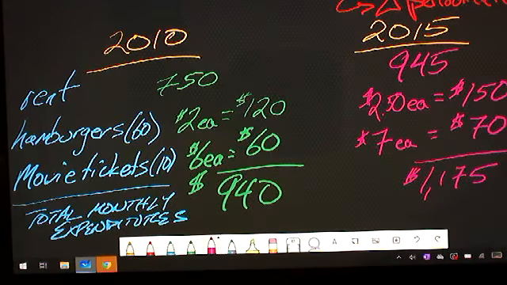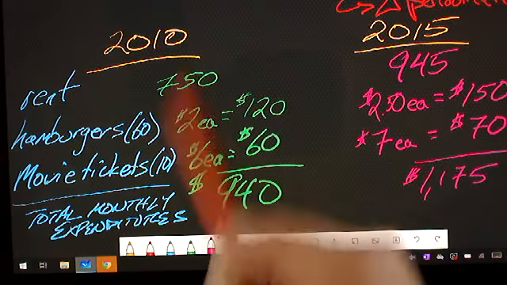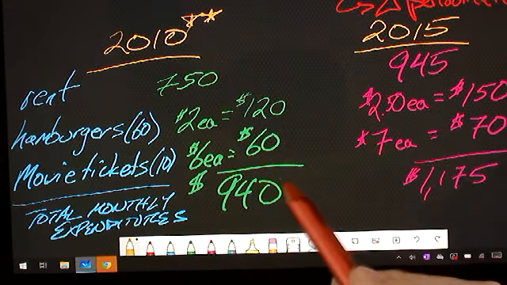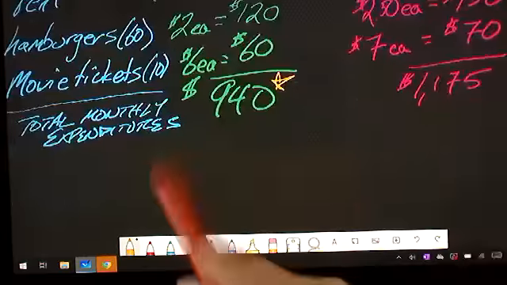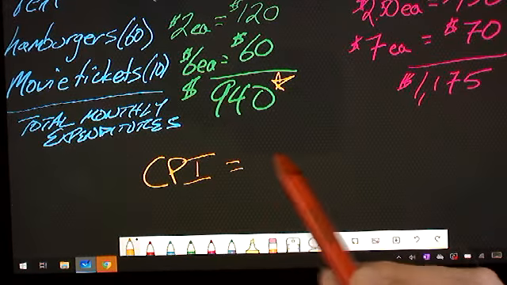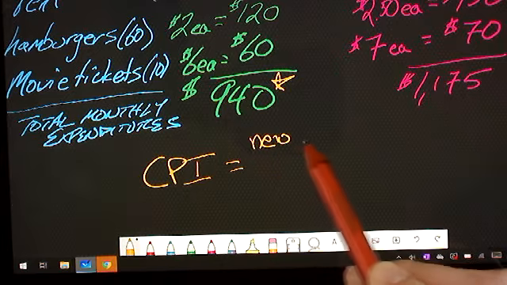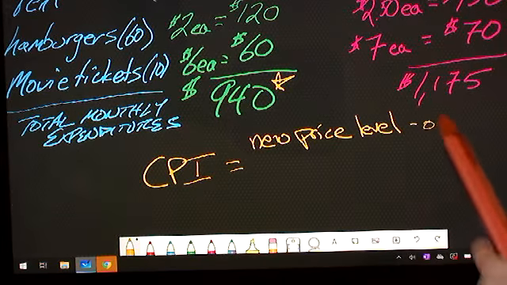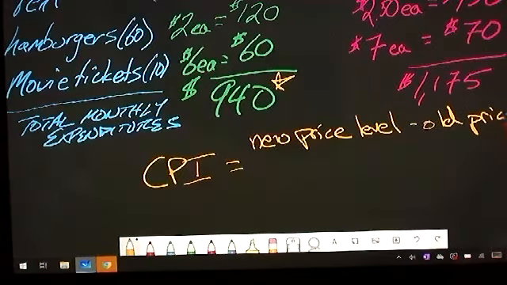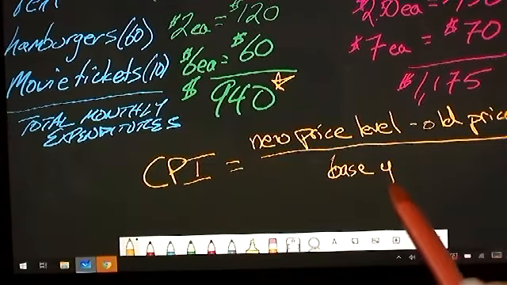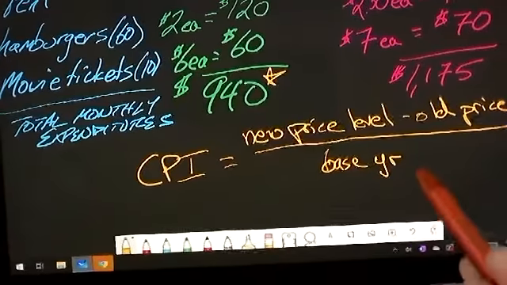When we calculate the CPI, we're using 2010 as our base year. So when I'm doing that CPI calculation, that's going to be my new price level minus my old price level all over the base year price level.